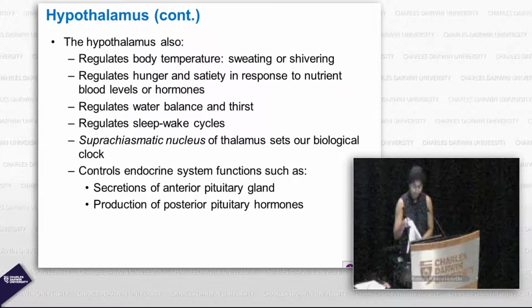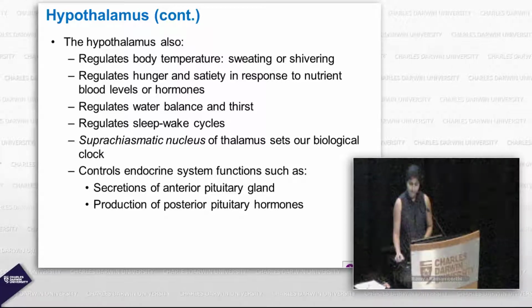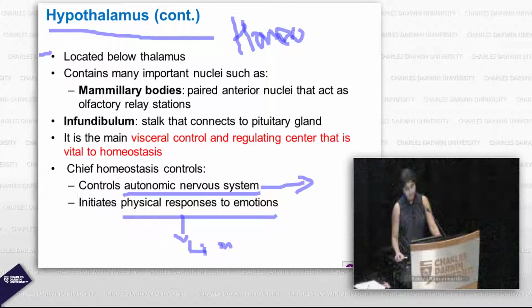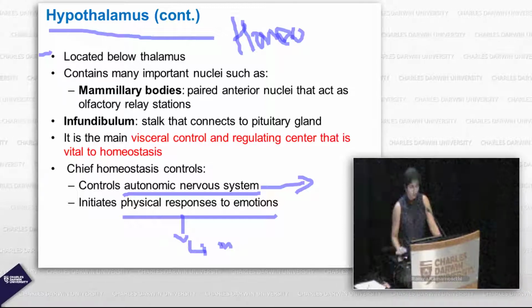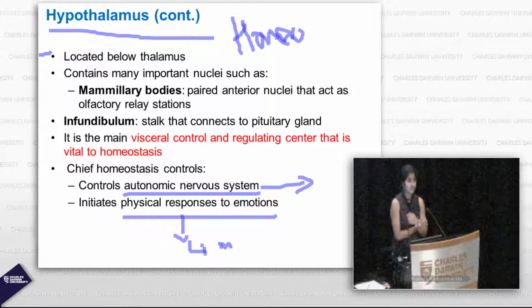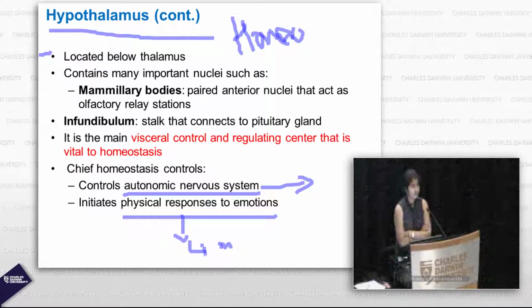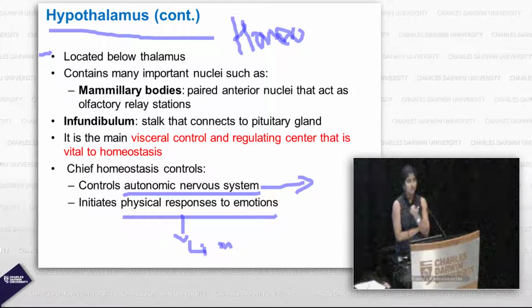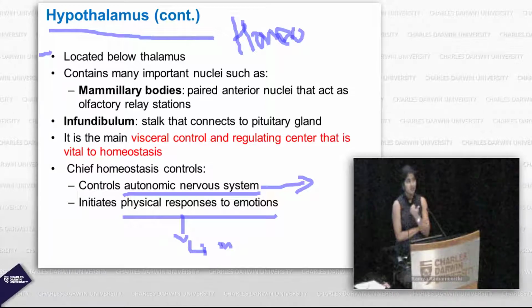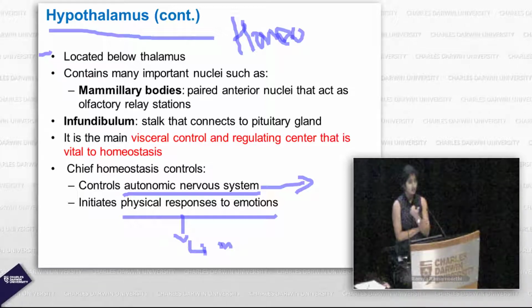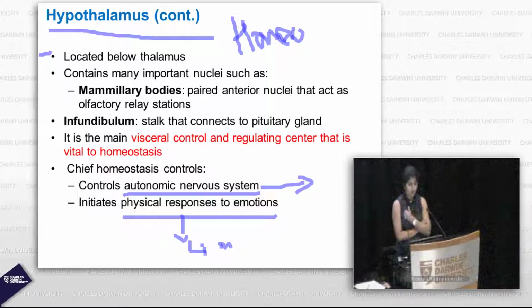Before we go to this slide, I said it controls your biological rhythms. So what disorders can we see with biological rhythm being disturbed? What will happen with your sleep patterns? That's right, insomnia. Sleep is affected.